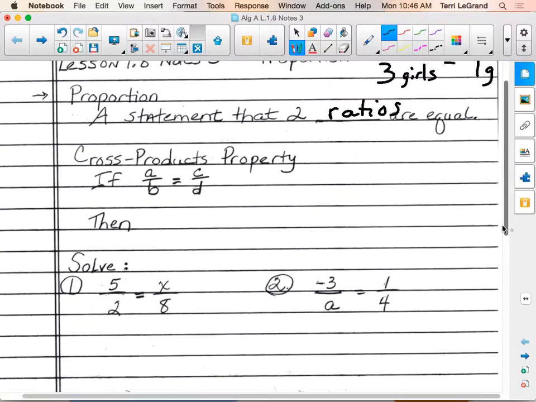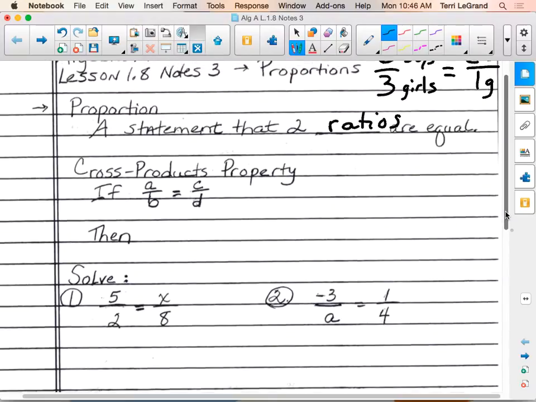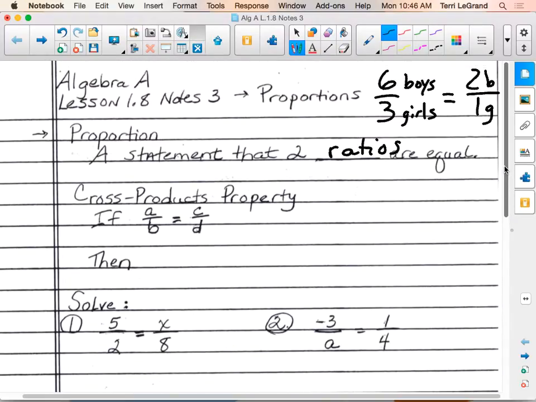B would be the 3 girls in the first fraction. C would be the 2 boys in the second fraction. And D would be the 1 girl in the second fraction. They're just using abstract letters: A is the first numerator, B is the denominator that goes with it in that comparison, C is the second numerator, and D is the denominator that goes with that one. That's all it's really saying.